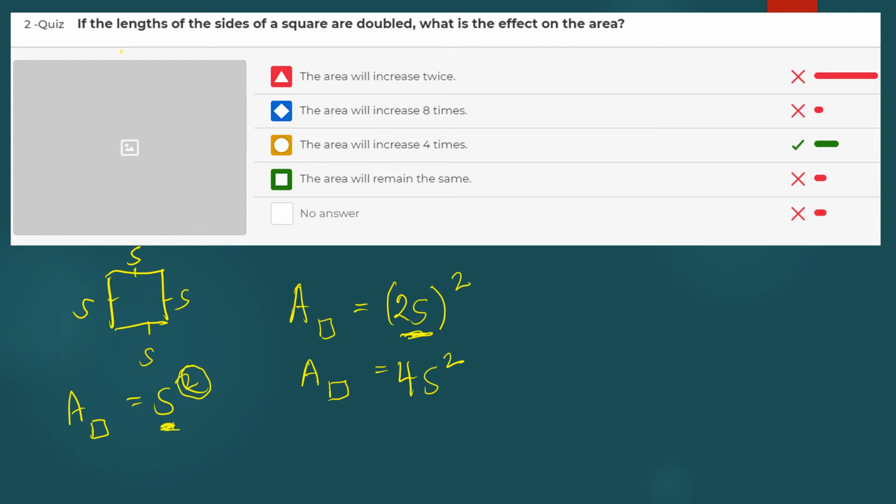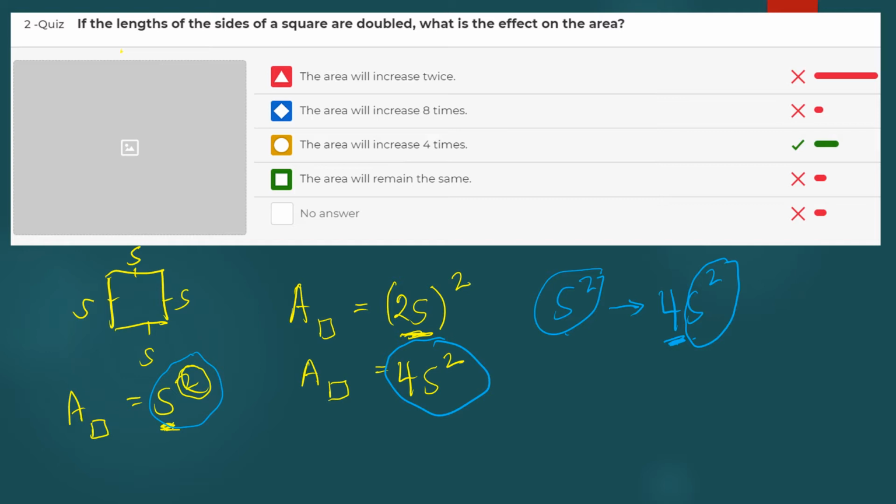Okay, so now that we have this one, we can compare these two values here. The original one, s squared, and then the second area, which is 4s squared. If you notice, both have s squared. The only difference is that this one on the right side is multiplied by 4.